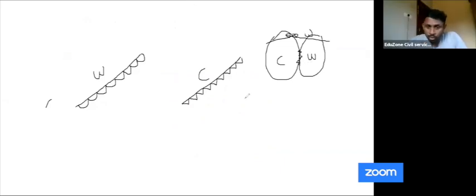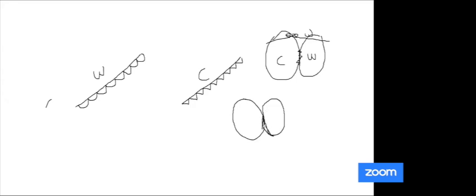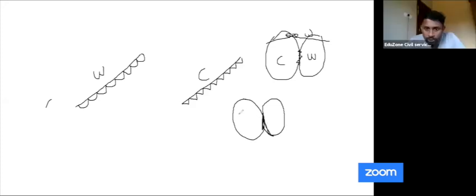Suppose these two air masses don't collide. They are not moving towards each other. They are just touching each other. This is a cold air mass, and this is a warm air mass, and they are standing side by side, but nobody is moving.